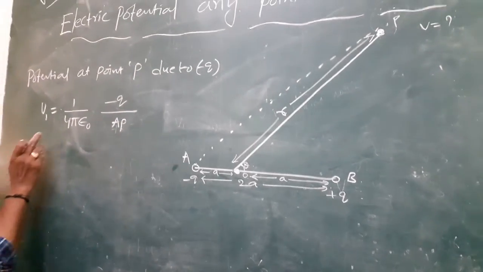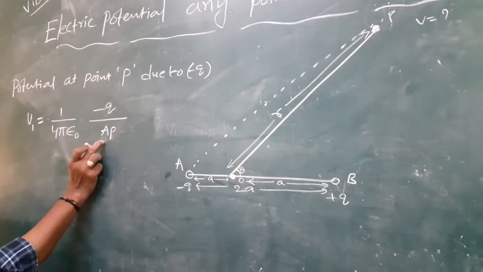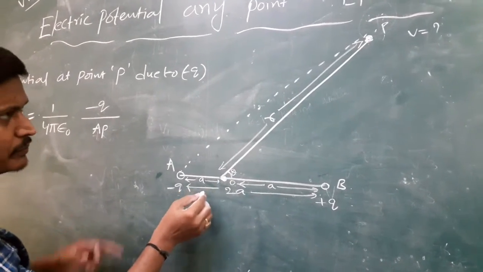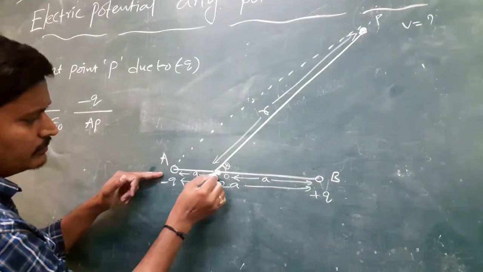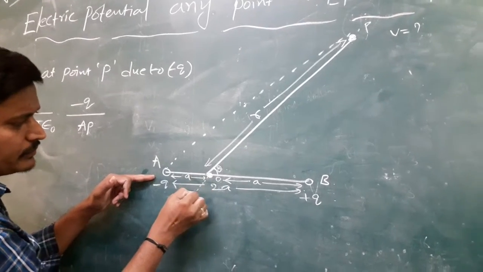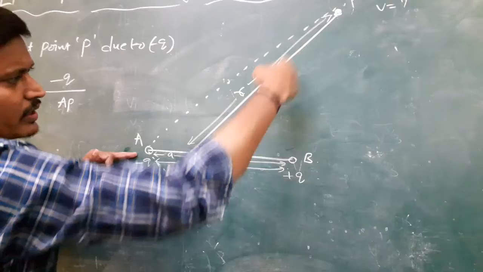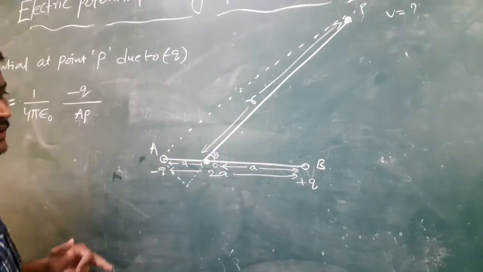First we can calculate the AP value. Here we can extend the line and draw one perpendicular, then you will get a right angle.